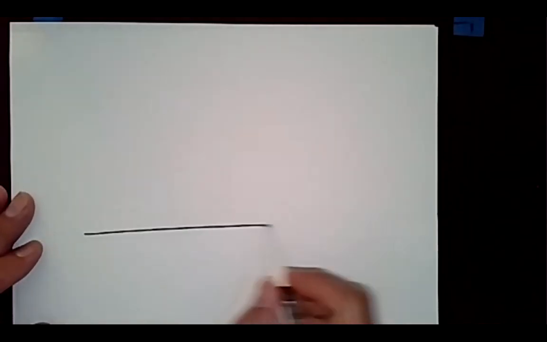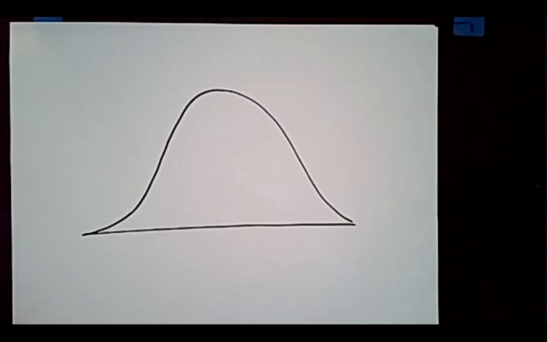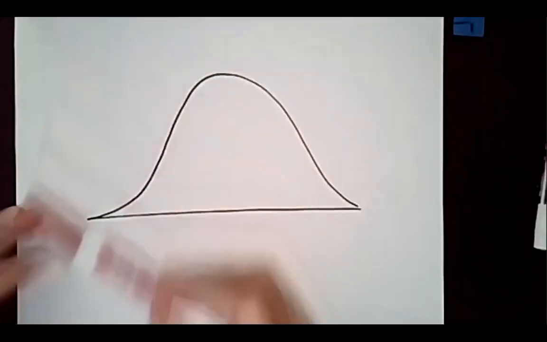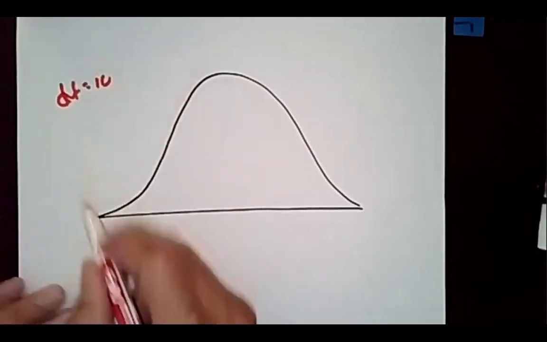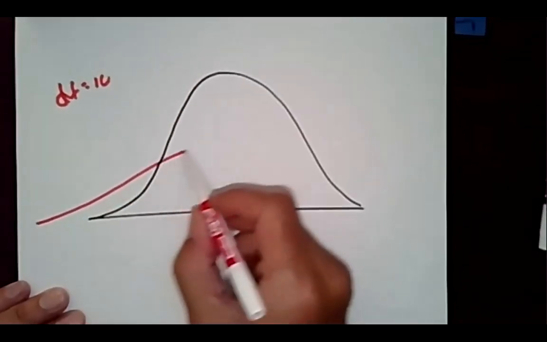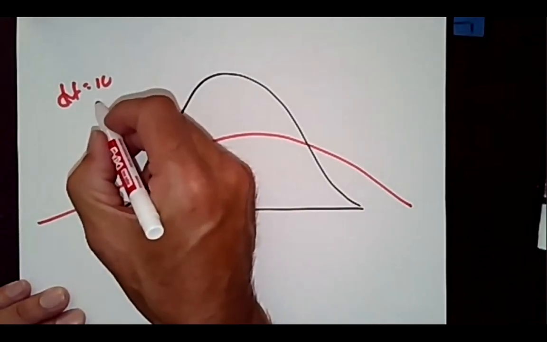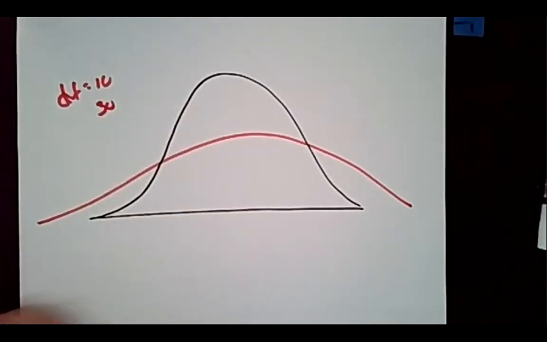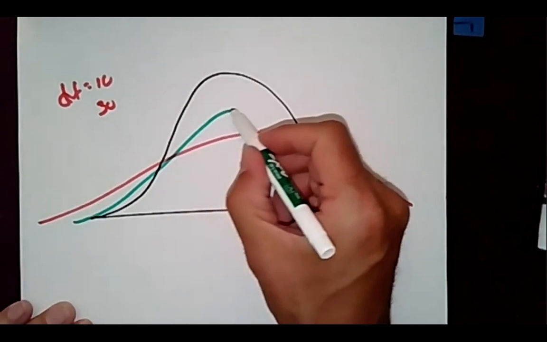Here's my normal curve, right? If my degrees of freedom are 10, the graph may look like this. If my degrees of freedom are 30, the graph may look like this, right?